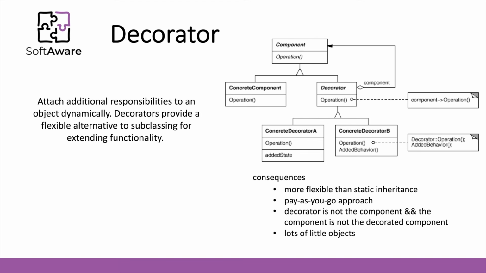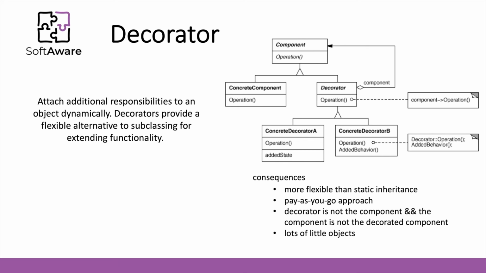It avoids feature-laden classes high up in the hierarchy. So the decorator offers a pay-as-you-go approach to adding responsibilities. Instead of trying to support all foreseeable features in a complex, customizable class, you can define a simple class and add functionality incrementally with decorator objects.